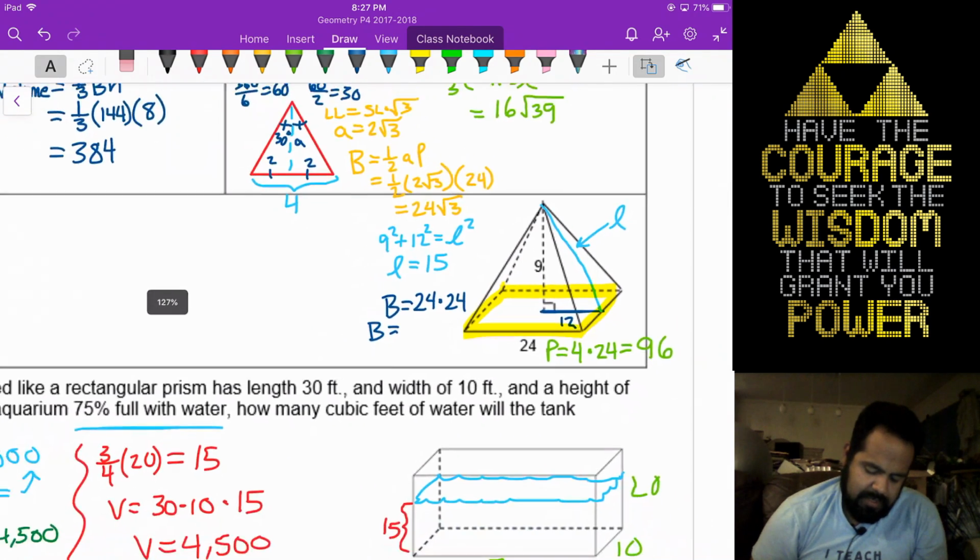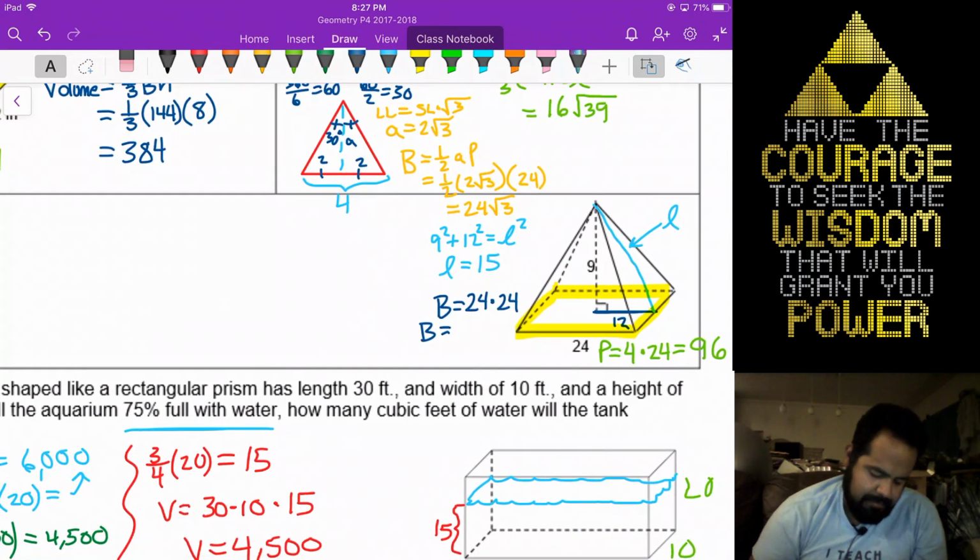So, lateral area is 1/2 perimeter times the slant height. So 1/2 of 96 times 15.